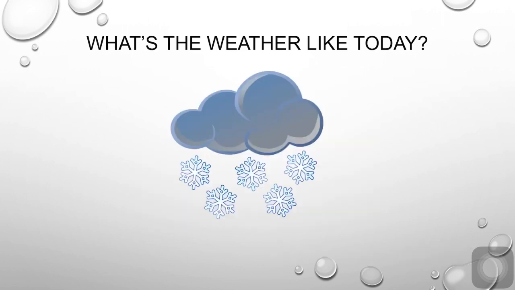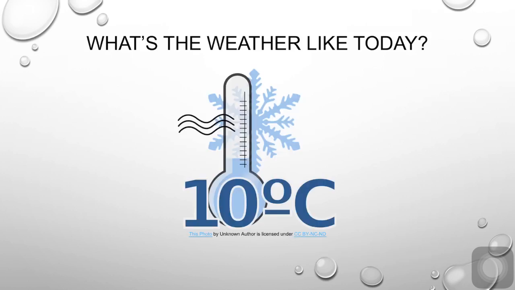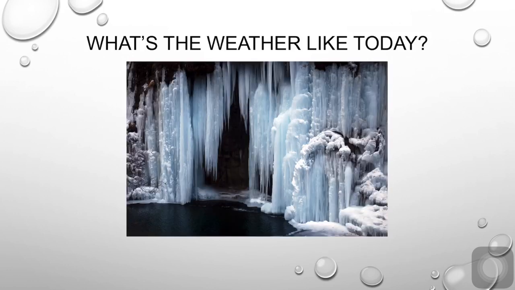Next, what's the weather like today? Good. It's snowy. Next, what's the weather like today? Correct. It's cold. Now, what's the weather like today? It's freezing. You can see the snow become frozen. It's like icy.